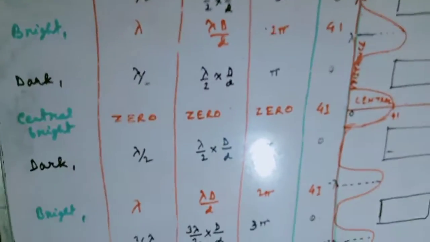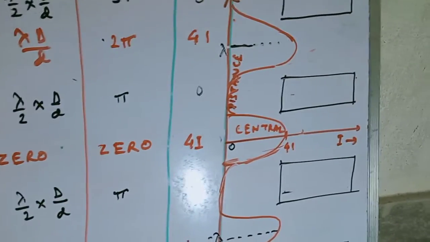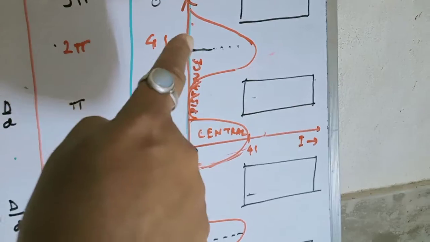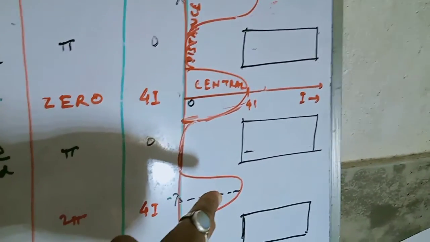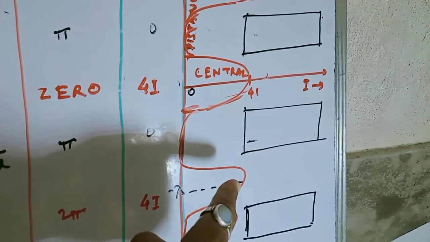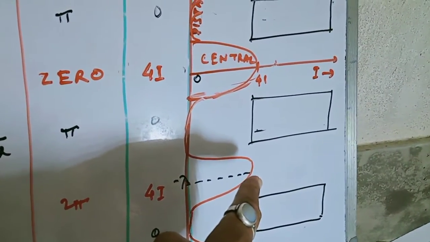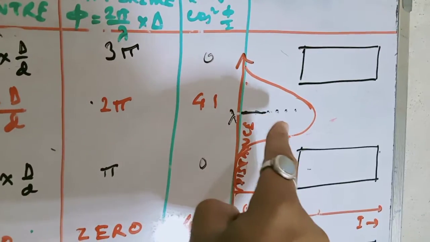So distance from the center, see here, one is 2 lambda D by d, this is plus, another is 2 lambda D by d, this is minus. So the bright fringe, when m is equal to 1, it is plus minus D lambda by d, and this is plus minus D lambda by d.